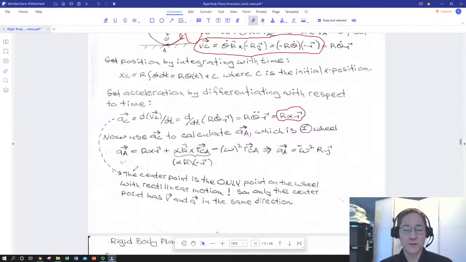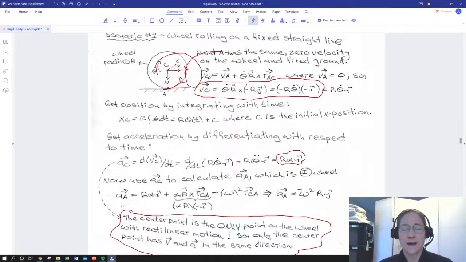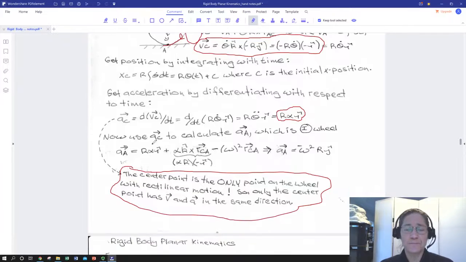Now, to be fair, it is the only point on the wheel with rectilinear motion. So don't assume that any other point will work this way. Even though we can apply this relationship for the velocity or acceleration of two points, we're not going to be able to have this neat rectilinear answer for any other point, and we'll see that as we go on. So it's only the center point that we can do that with.